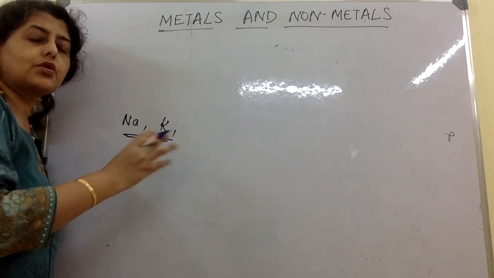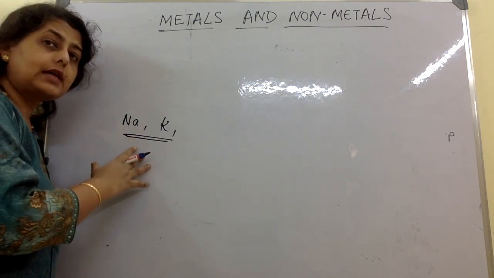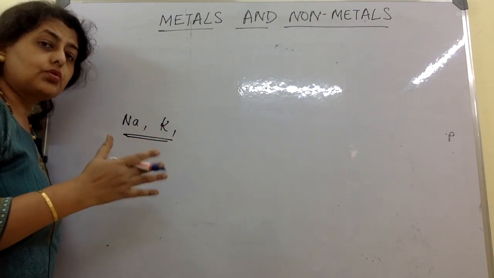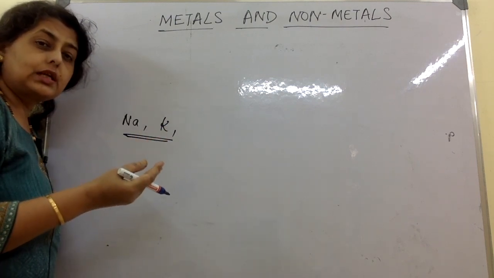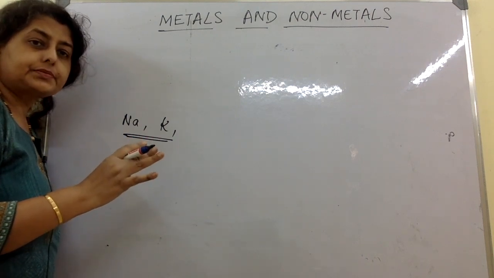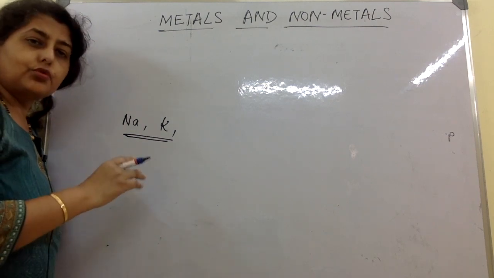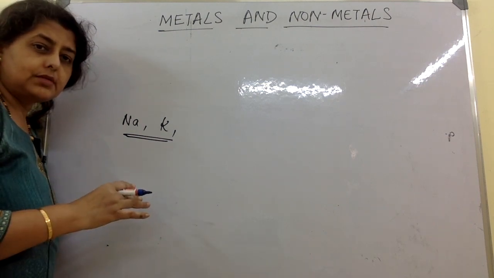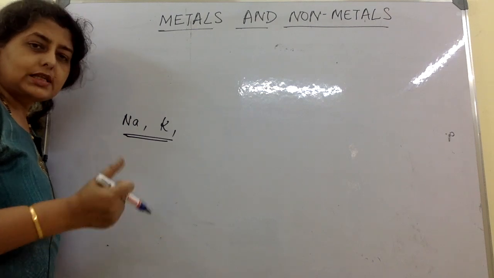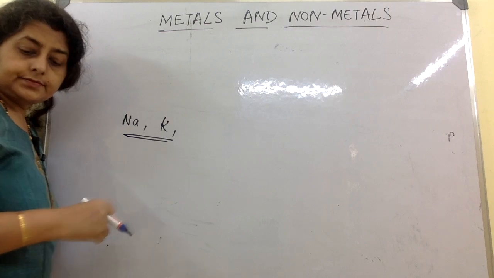As I told, these are soft metals. These metals are highly reactive with oxygen, so they are generally not exposed to air. Of course, they also form the oxides. We'll know more about the activity series of metals as I proceed with the video.